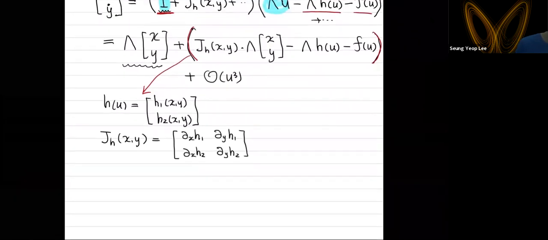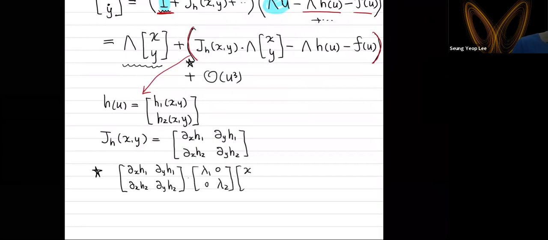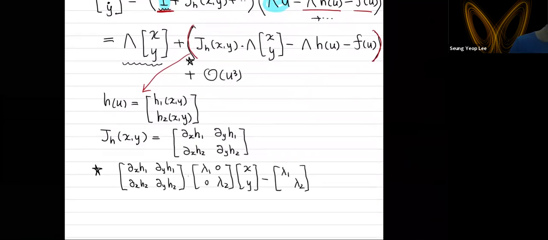Okay, so using that, let me rewrite this star. Star is the above thing, times lambda 1, lambda 2 times x and y minus lambda 1, lambda 2 times h.